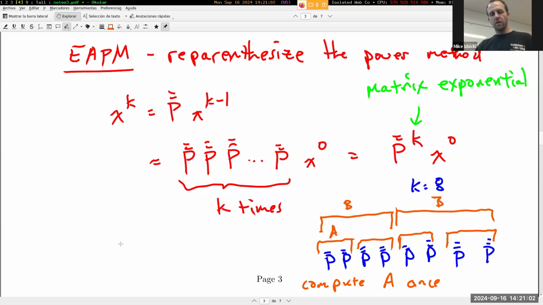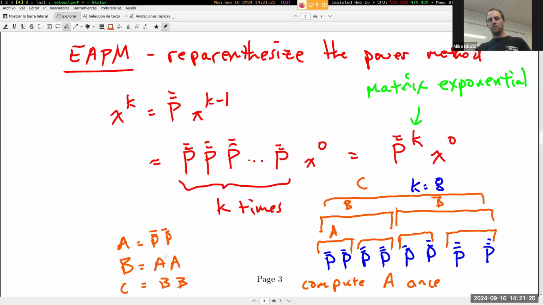So over here, a equals p bar, b equals a times a. We've only computed a once, and now we can do b times b. And then one last thing of c equals b times b.